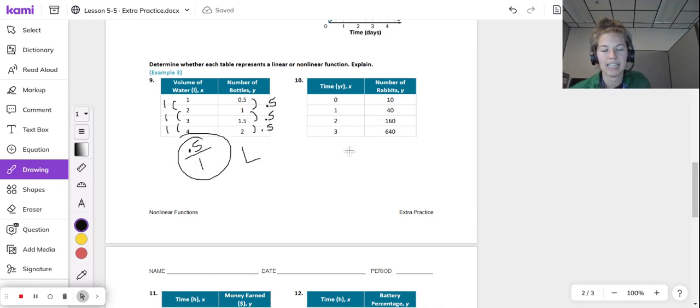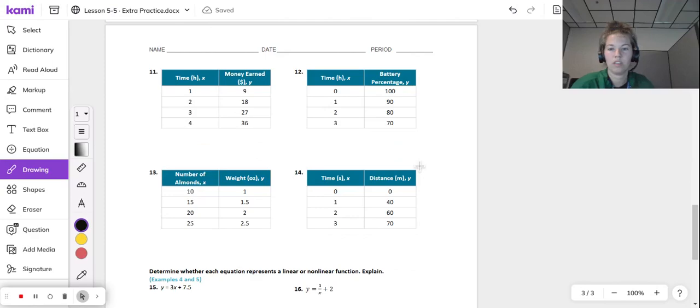So this is linear. Okay, this one is 30 over 1. This is 120 over 1. See how these are different rates of change? That means non-linear. I don't even have to try the last one, because they are non-linear.